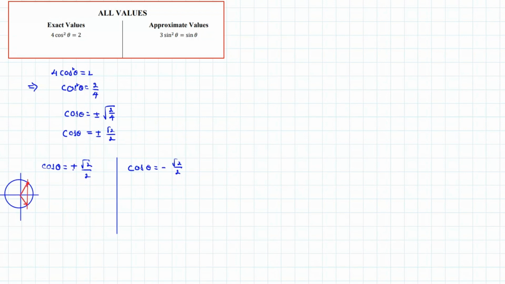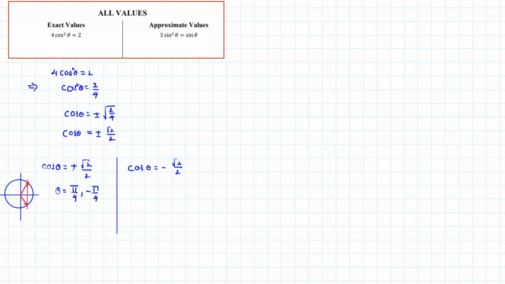and these two angles are symmetrical. So the remaining angle is, this one is a negative pi over 4. But to find the angle as a positive angle, we have to add 2 pi, so this one is 7 pi over 4.